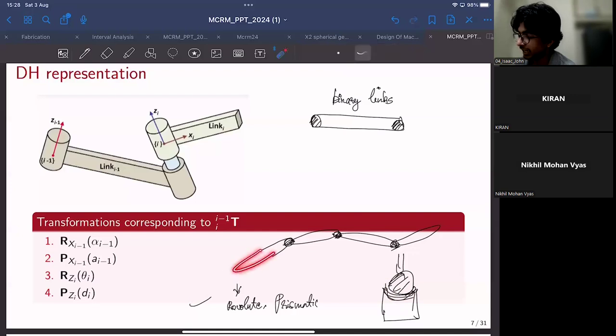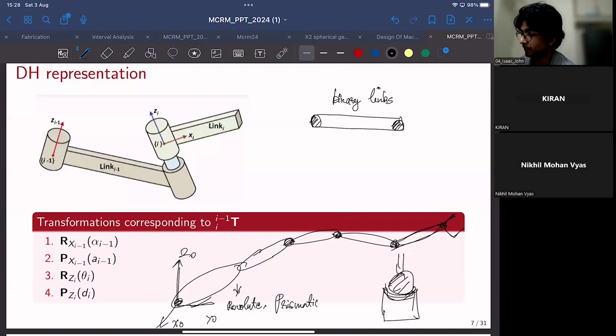So if that is the case, what we require is to map the motion of the tool tip here at the tip to a coordinate frame that is rigidly fixed to the ground, for example, x0, y0, z0. So you need to have some sort of mapping.